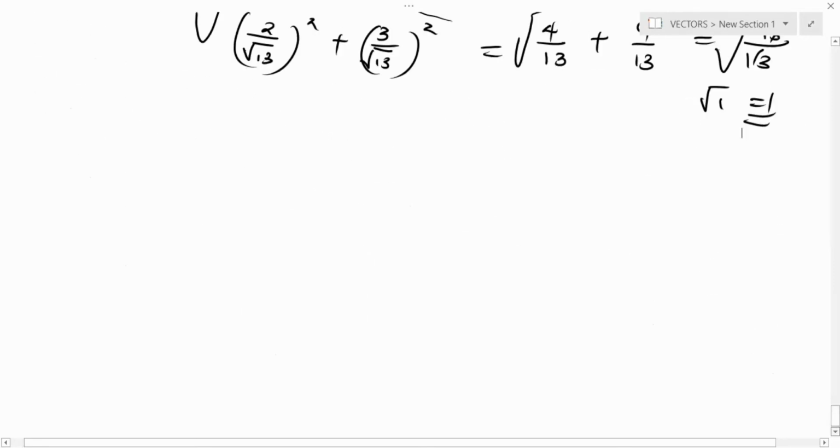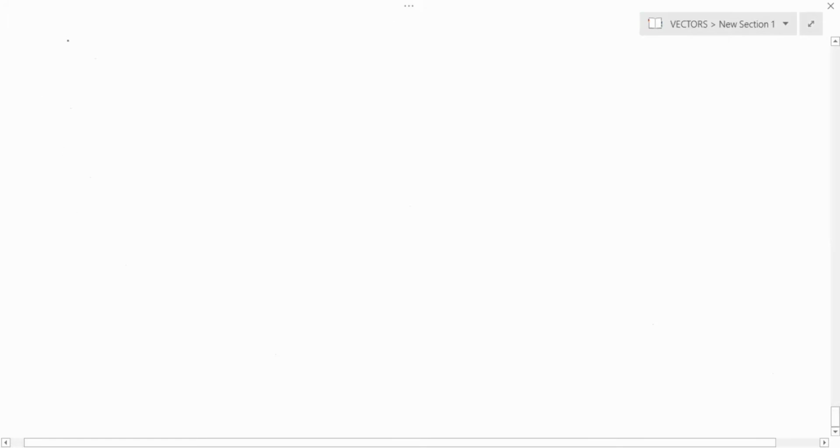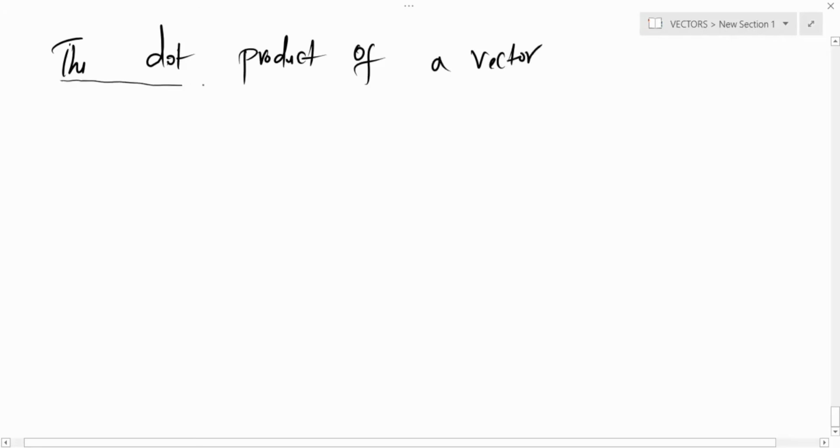Now, the next thing I want us to look at is the dot product, also called the scalar product.